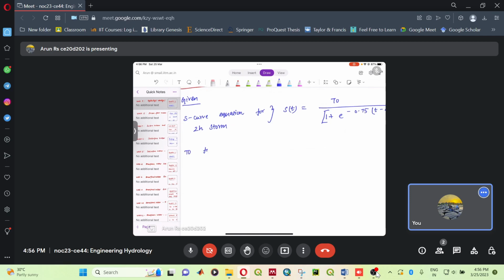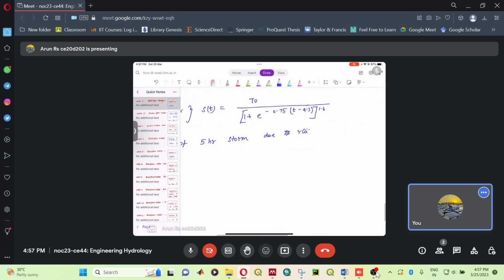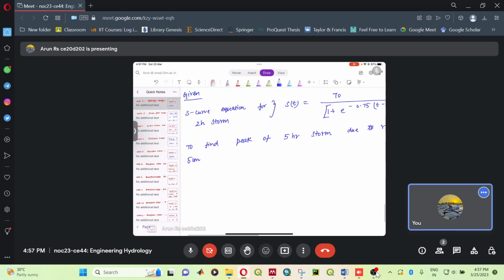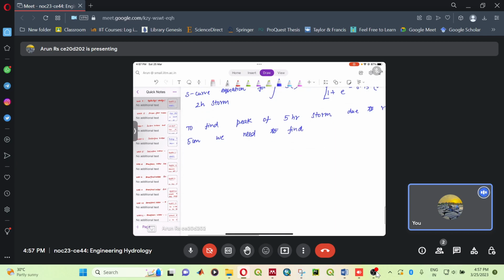Now, to find the peak of a 5-hour storm due to rainfall excess of 5 centimeters, we need to find a 5-hour unit hydrograph.